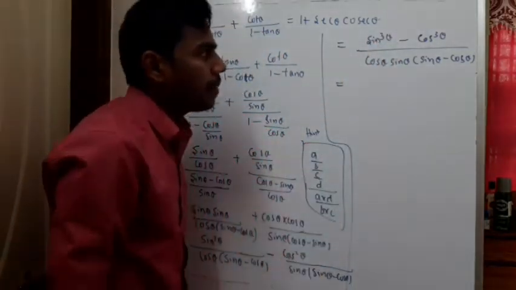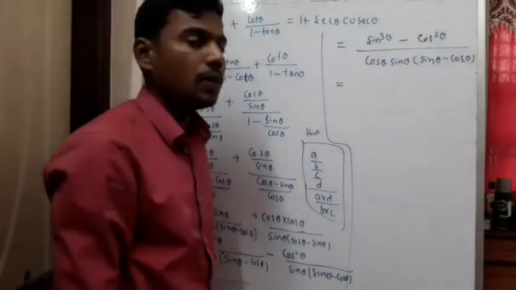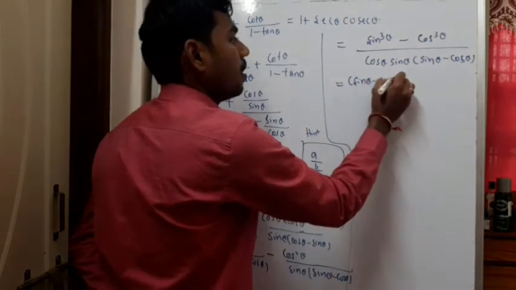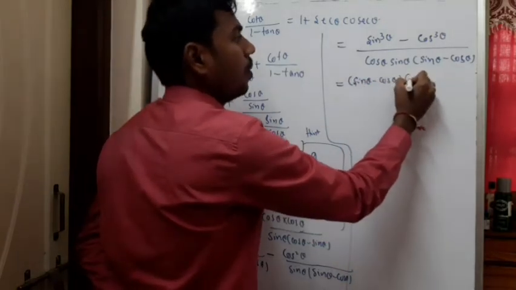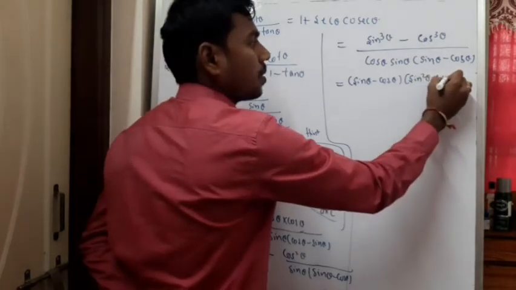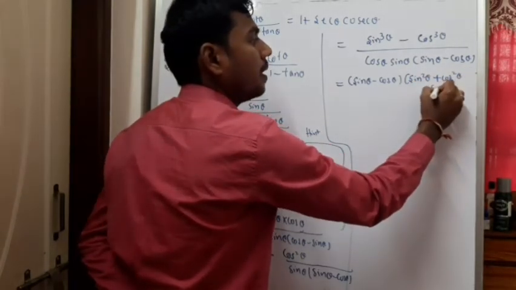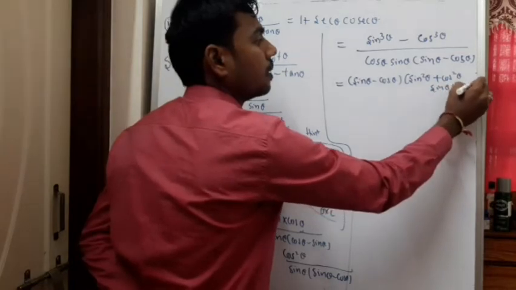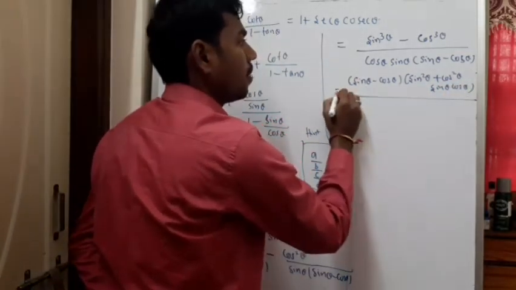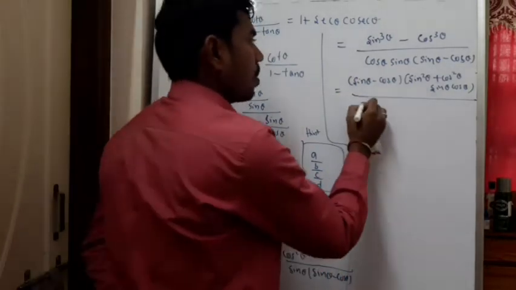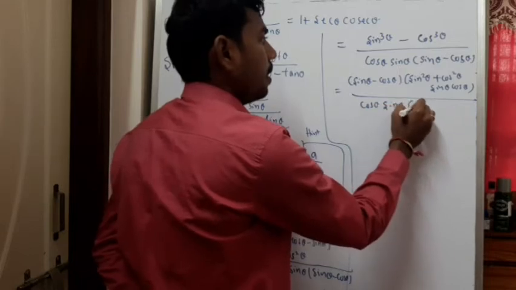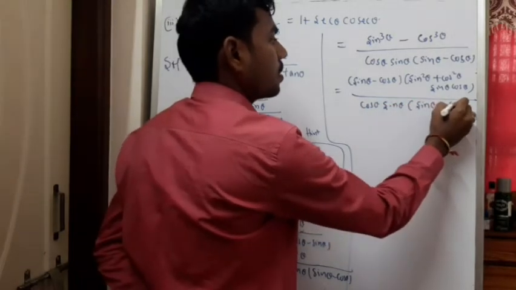Sin cube theta minus cos cube theta, a cube minus b cube, can be written as sin theta minus cos theta, a minus b, into a square sin square theta plus b square cos square theta into sin theta into cos theta. This. Fine. Now, in the denominator, what is there? Cos theta into sin theta into sin theta minus cos theta.